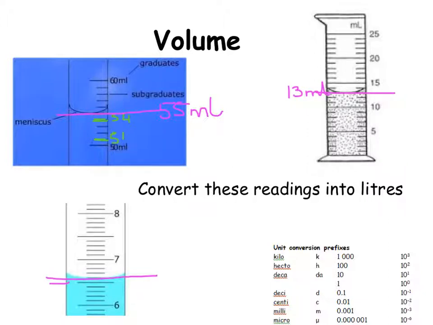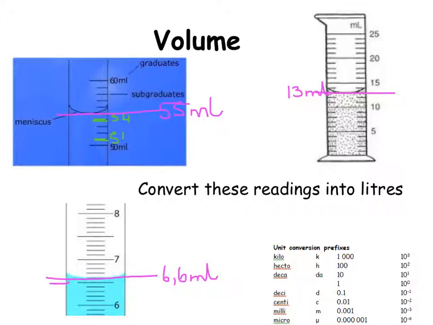My graduations are going to be, I'm going between 6, 6.1, 6.2, 6.3, 6.4, 6.5, 6.6, 6.7, 6.8, 6.9, 7. So this pink line is sitting at 6,6 milliliters.